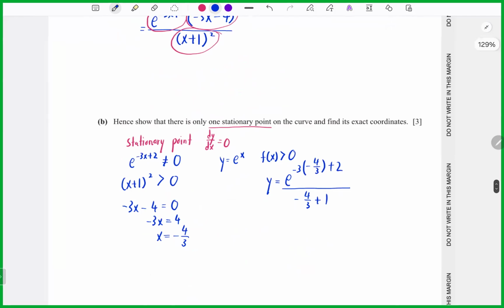You can use your calculator to find it first. The e cancels, positive 4 plus 2 over 1 minus 4 over 3, and you will get negative 1 over 3.